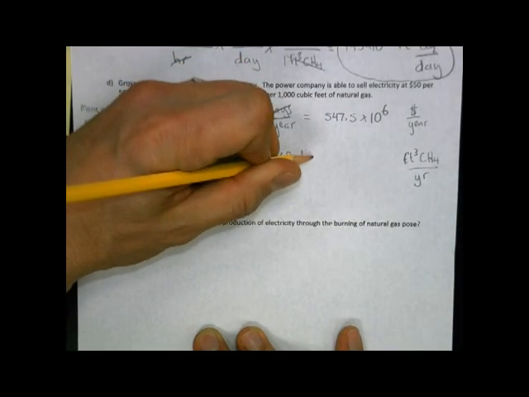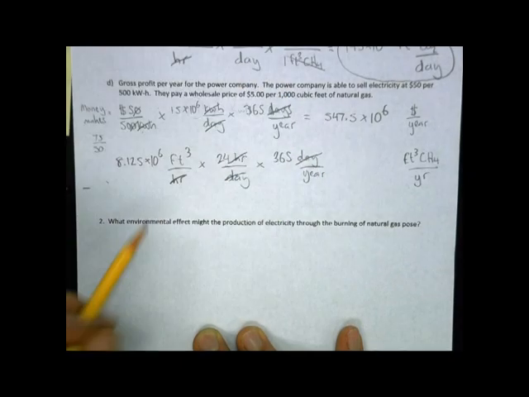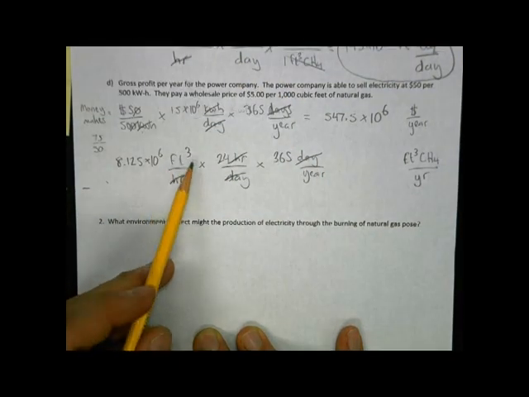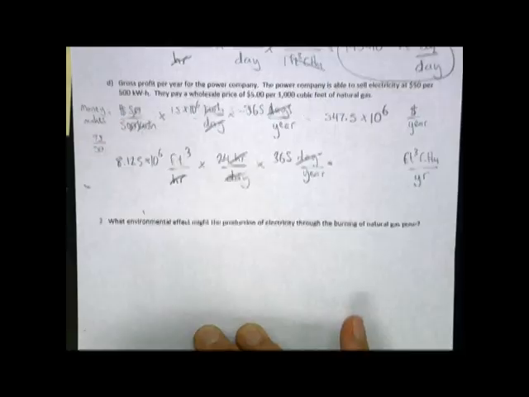All right, so we need to get to years. So 24 hours in a day, and now 365 days in a year. So that leaves us with our cubic feet of methane, or natural gas, per year, which is the right unit that we want.